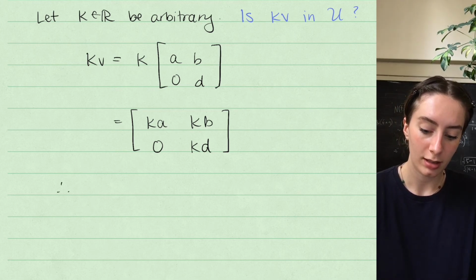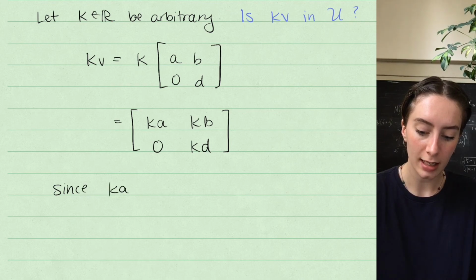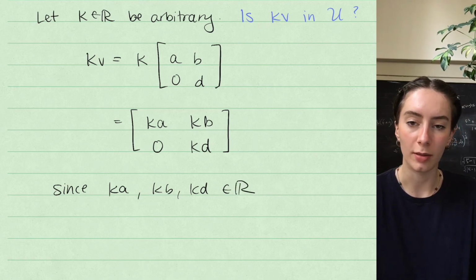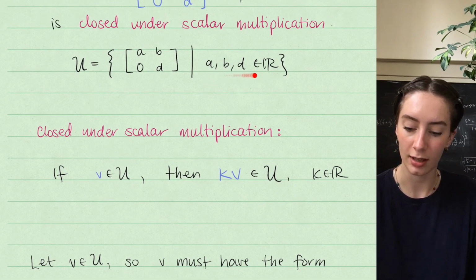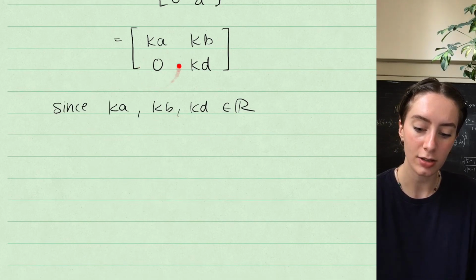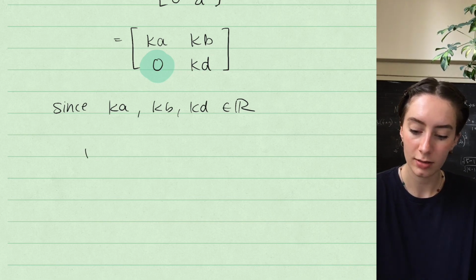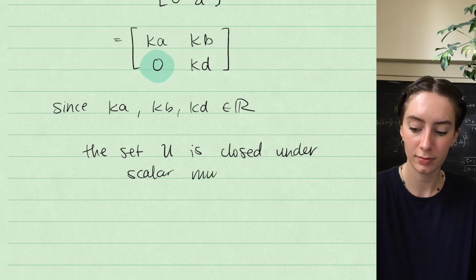So since KA, KB, KD are all just real numbers, and that was the only condition on the rest of our entries, and since we also have a 0 in our third entry, we are closed. The set U is closed under scalar multiplication. We did it.